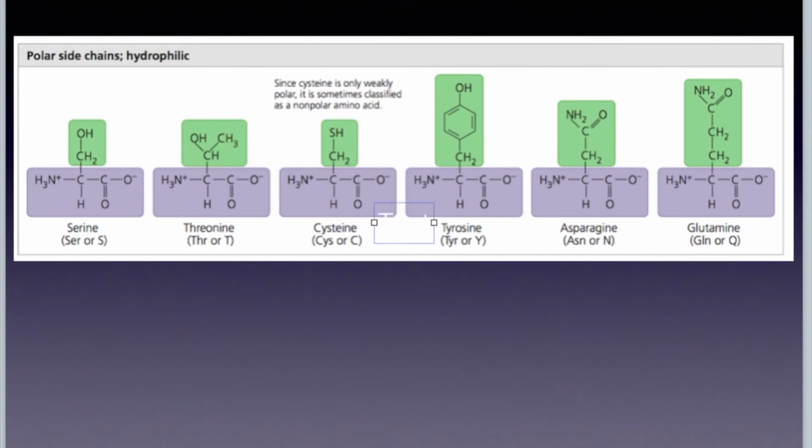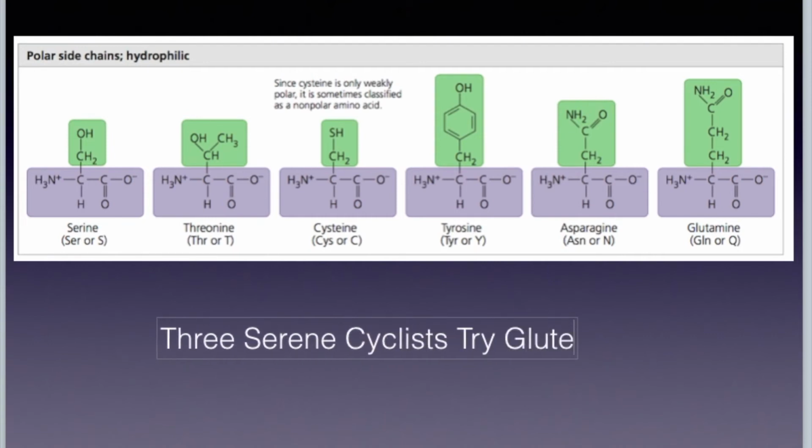Now, like what we did with the hydrophobic group, like the glaciers, Alaska, blah blah blah, we also have a sentence particularly made for the hydrophilic group, and this is called 3-serine cyclist tri-gluten-free asparagus.